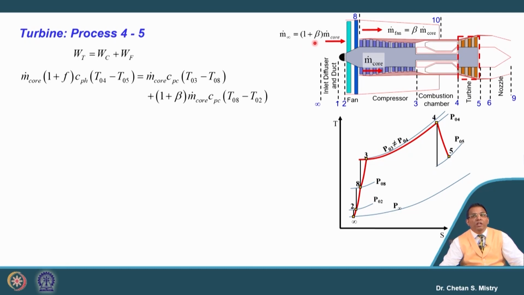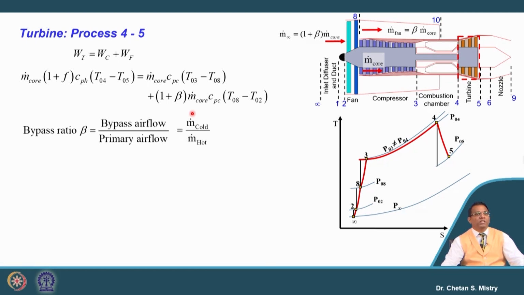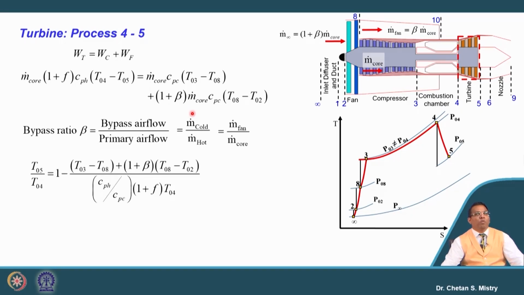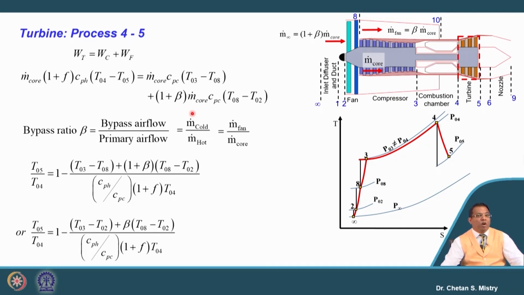See here this mass flow rate which is entering inside the fan, it is given by m dot core into 1 plus beta. Do not commit mistake here. Okay. If this is the case, we know what is our beta, we can calculate what will be my temperature ratio or what will be my exit temperature from the turbine.